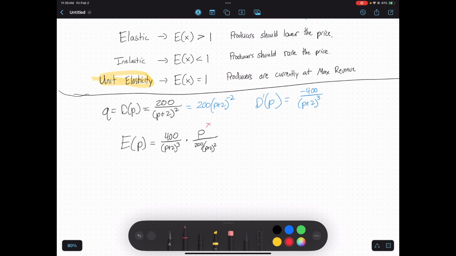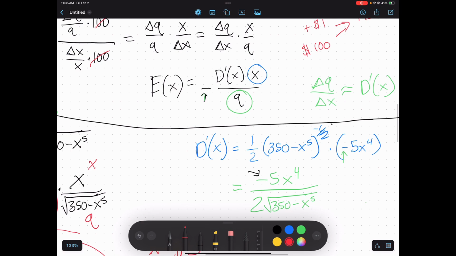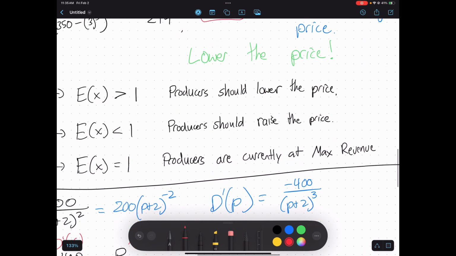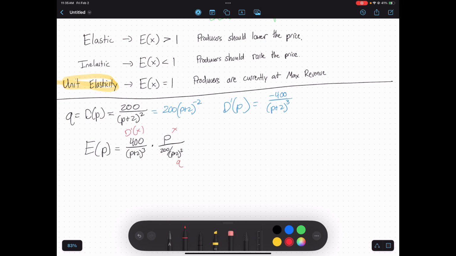Here's my X, here's my Q, and here's my D prime of X, if I go back and look at my equation for E of X. Okay, so let me simplify this a little bit. I do have a fraction in the denominator, so I can just flip and multiply by that. And what am I left with? 400 divided by 200 gives me 2. I'm left with 2P over P plus 2.